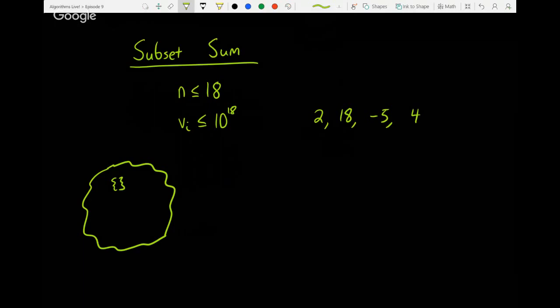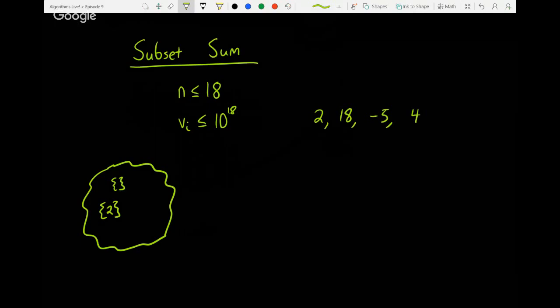When I come across a new number, let's say this 2, I can update the whole bag. There are two options. Either I look at everything that's currently in the subset, leave it in the bag, but this new element I consider adding to every single partial subset that I've constructed. So I'll construct a new subset here, and that gets added to my bag as well.